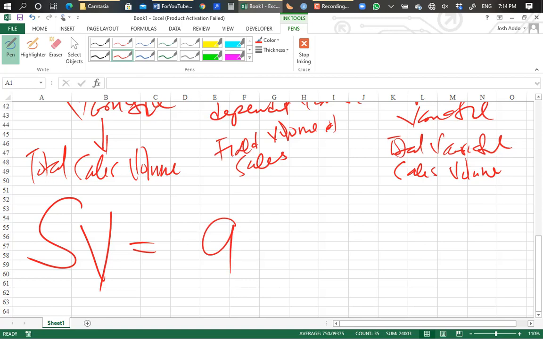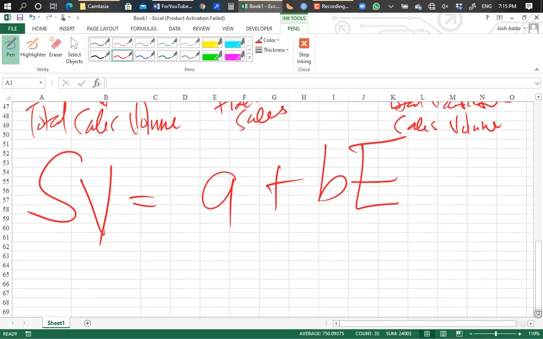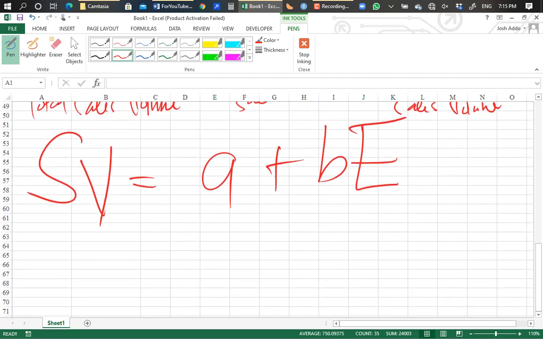Still A, let's still use the A, plus the portion of the total sales volume that is driven exclusively by promotional activities. B, in this case, let's use E for expenditure, promotional expenditure. So we can tailor our cost volume equation in this form, make it more business-like.